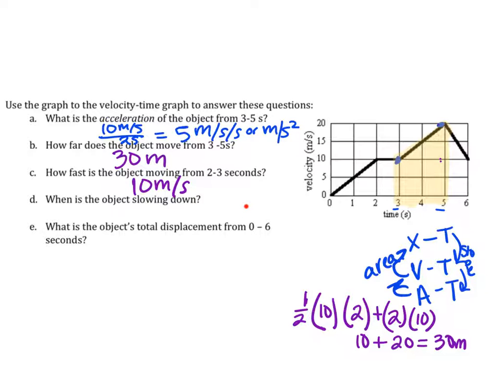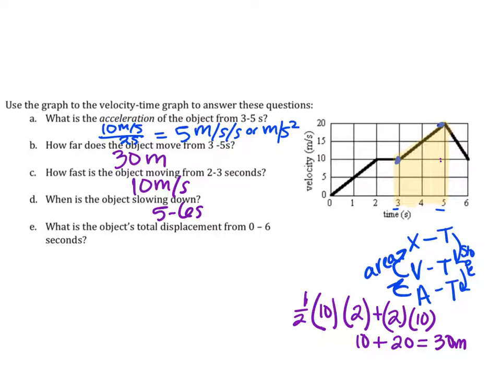If it's below it, it's going to go up towards it. For this one, our x-axis is at the bottom. This diagonal would show speeding up because it's starting at 0 and going up to 10. This diagonal is going from 10 up to 20, so that's also speeding up. Last, from 5 to 6 seconds, we're starting at 20 and dropping to a speed of 10. That would indicate slowing down, so our answer is 5 to 6 seconds.